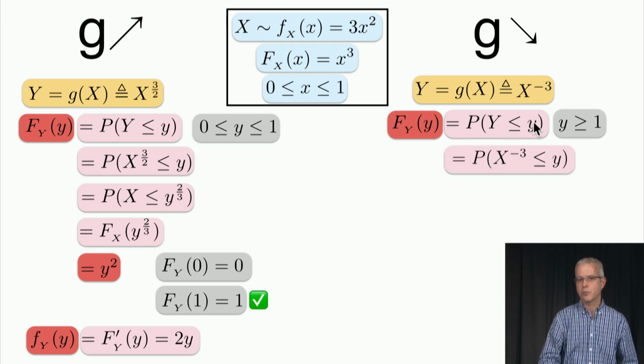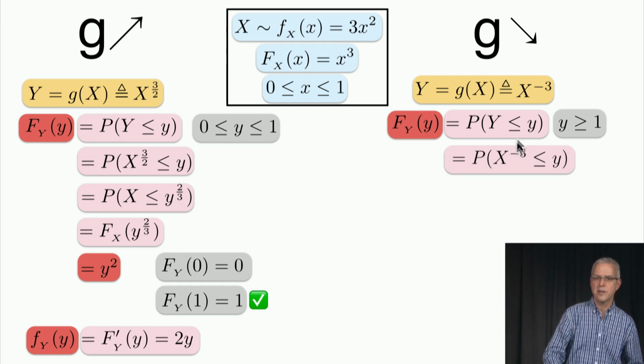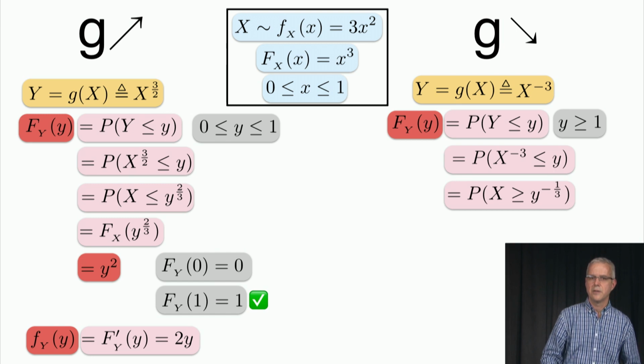And the probability that Y is less than or equal to y is, because Y is X to the -3, the probability that X to the -3 is less than or equal to y, which is the probability that X is bigger than or equal to y to the -1/3. So just move to the other side and take the cube root.